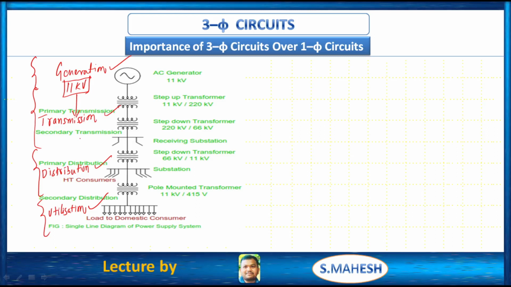Then that transmitted voltage can be distributed towards consumer needs. That's it. This is the single line diagram of power system. It means how much voltage we can generate, how much we can transmit, how much we can distribute, and finally how much voltage we can utilize in our homes. That is the basic mechanism, right?